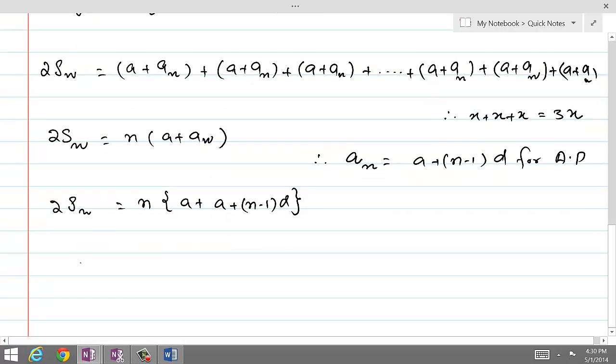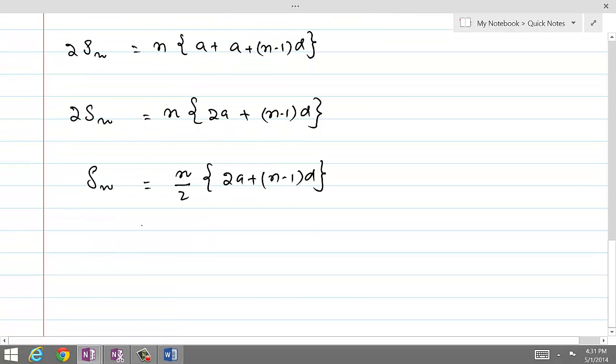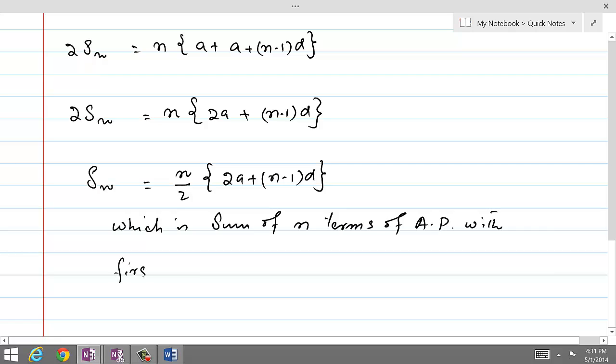Now if we add them up, this will be 2Sn equal to n times 2a plus n minus 1 into d, and if we divide both sides by 2, Sn is going to be equal to n by 2 times 2a plus n minus 1 into d, which is the required formula for the arithmetic series, the sum of n terms of an AP with first term a and common difference d.